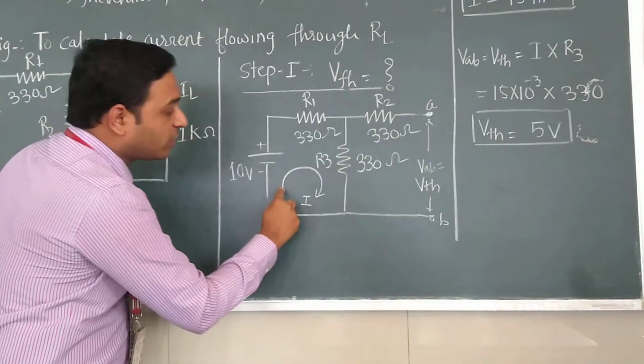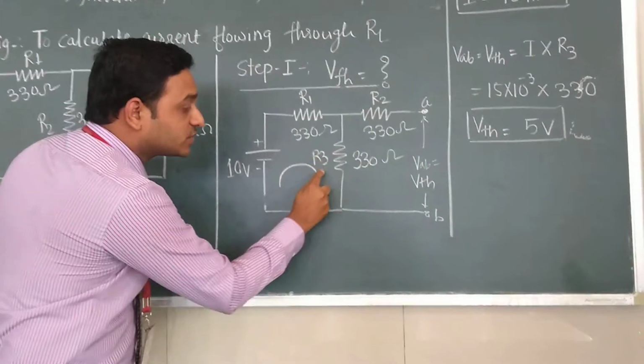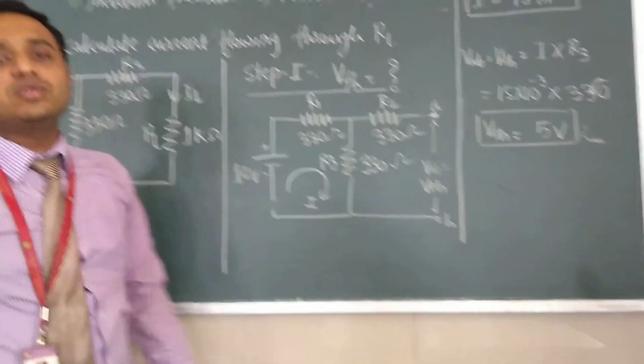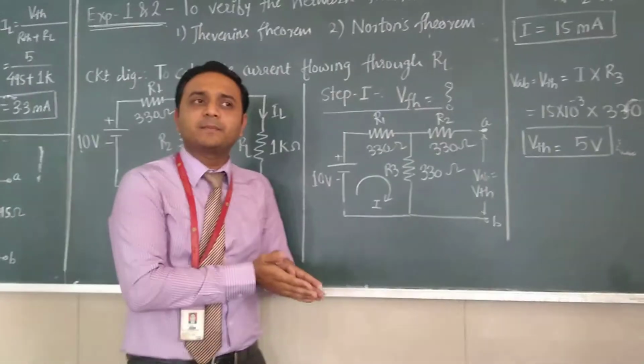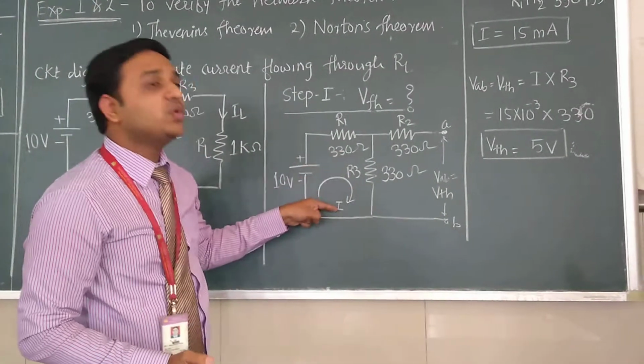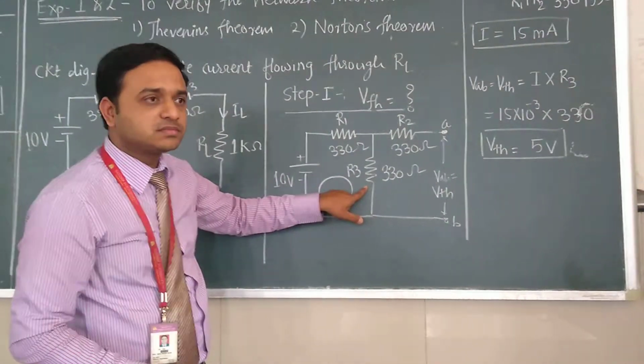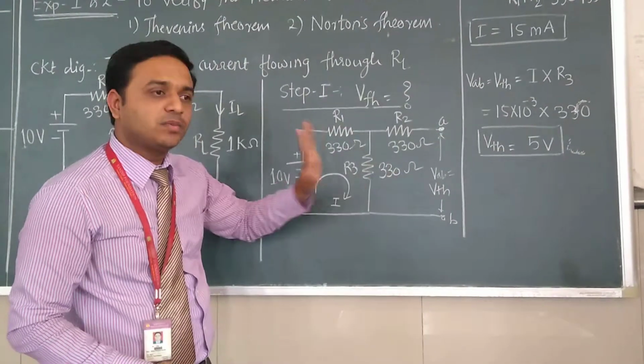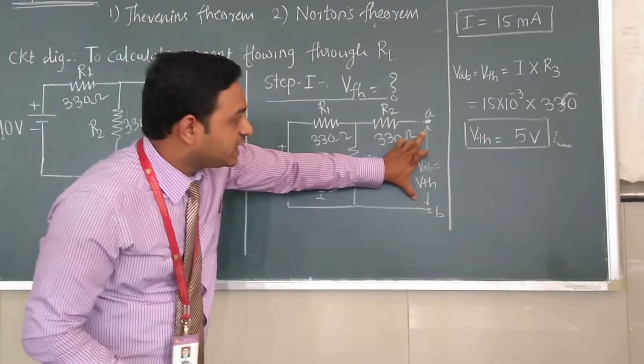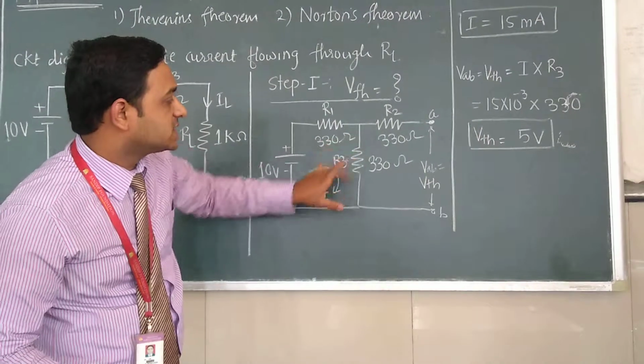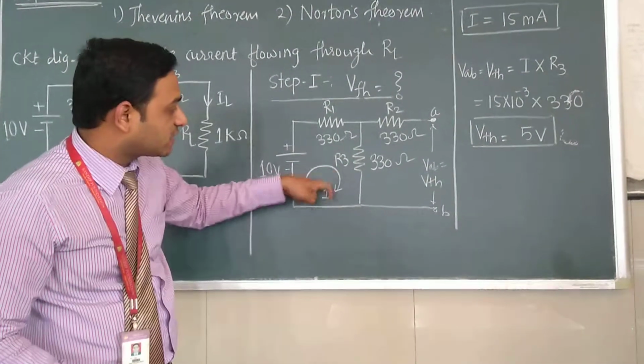So first of all we want to calculate the current flowing through this R3 because we know Ohm's law. V is equal to IR and I is unknown here. R is already known to us. The R is 330 ohm and the VTH or VAB is the voltage drop across this R3. So that's why first of all we are calculating this I.